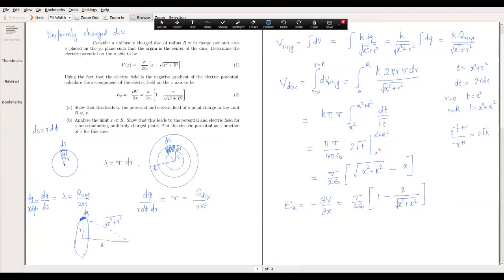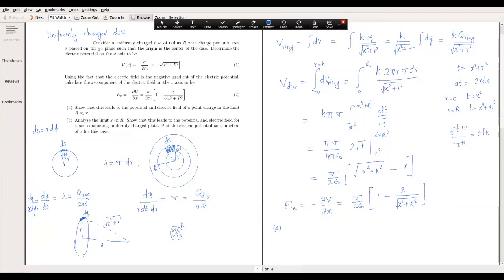We also have some interesting limits that we can look at. We are talking about a positively charged disk. If I were to look at the disk alone, there is a radius r of the disk, and it's positively charged.